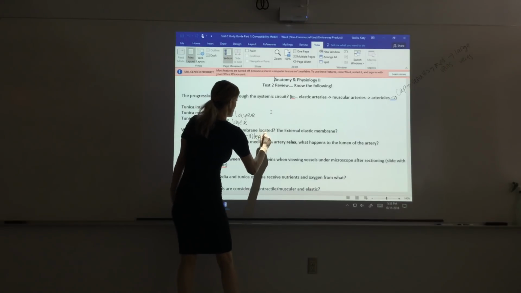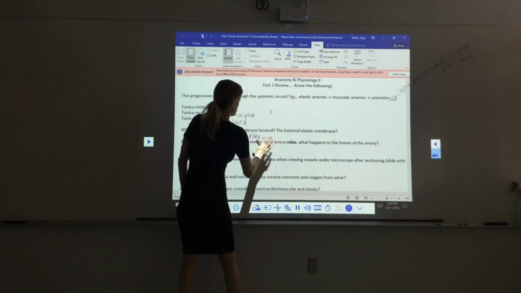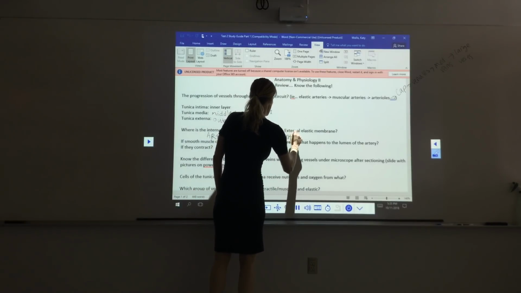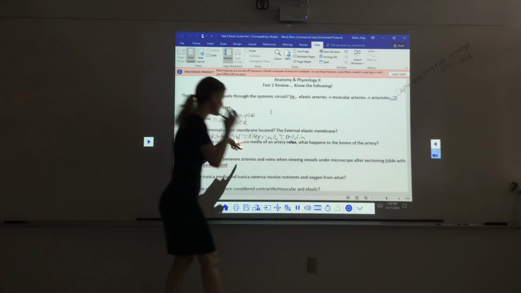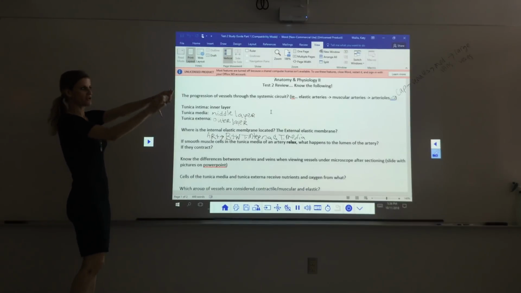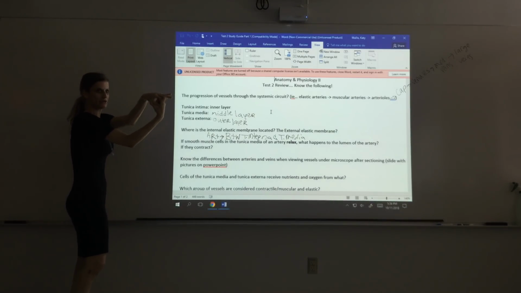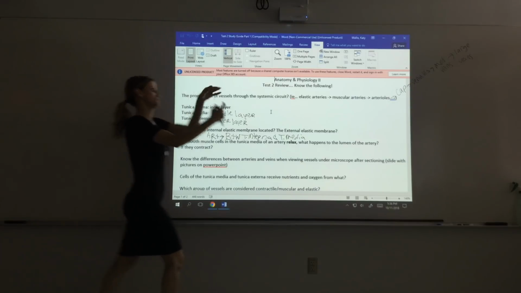Tunica interna or intima and the tunica media. Right, so between the inner layers. You've got your inner layer, your tunica intima, and then you have the internal elastic membrane, and then you have the tunica media. So between the first 2 layers, in an artery only.